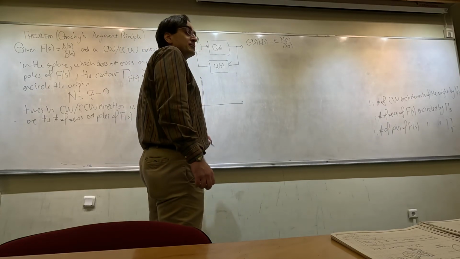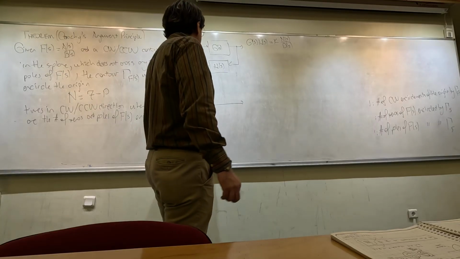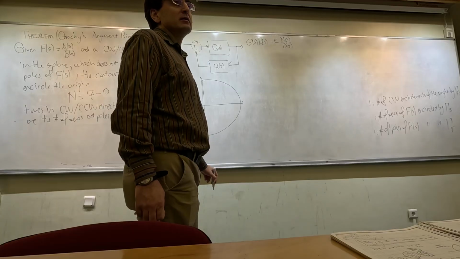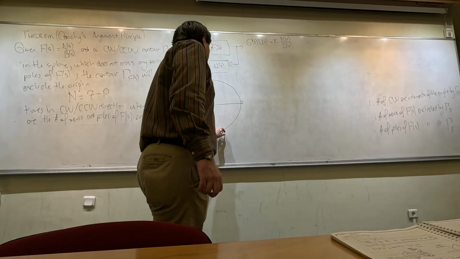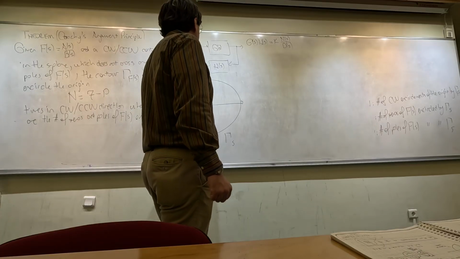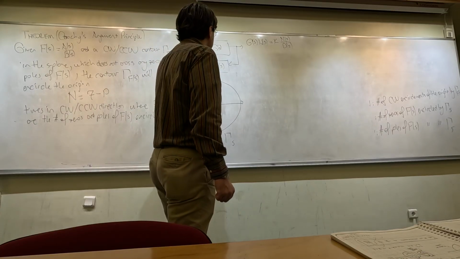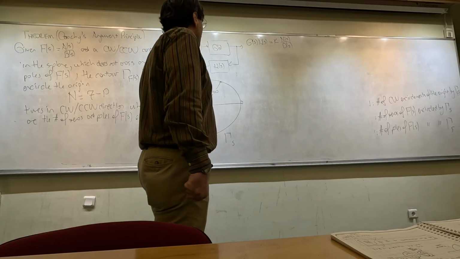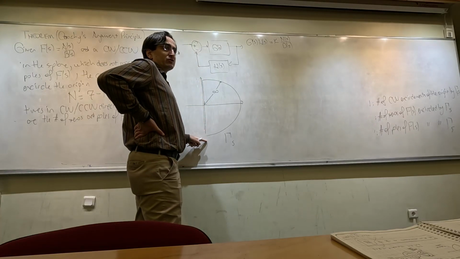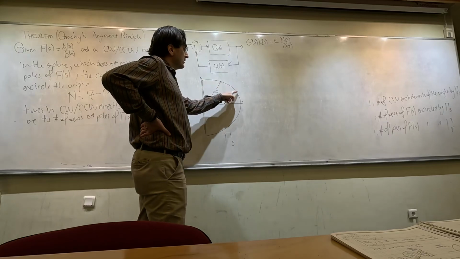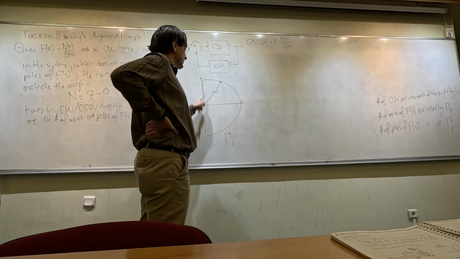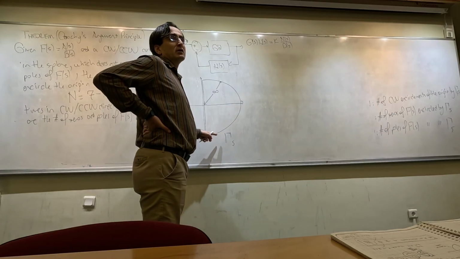The contour passes from the imaginary axis and it encircles the whole right half plane. We take our original contour, gamma s, in this form. And the radius here is infinite. The contour passes on top of the imaginary axis, and it encircles the whole of the right half plane in an infinite semicircle like this.